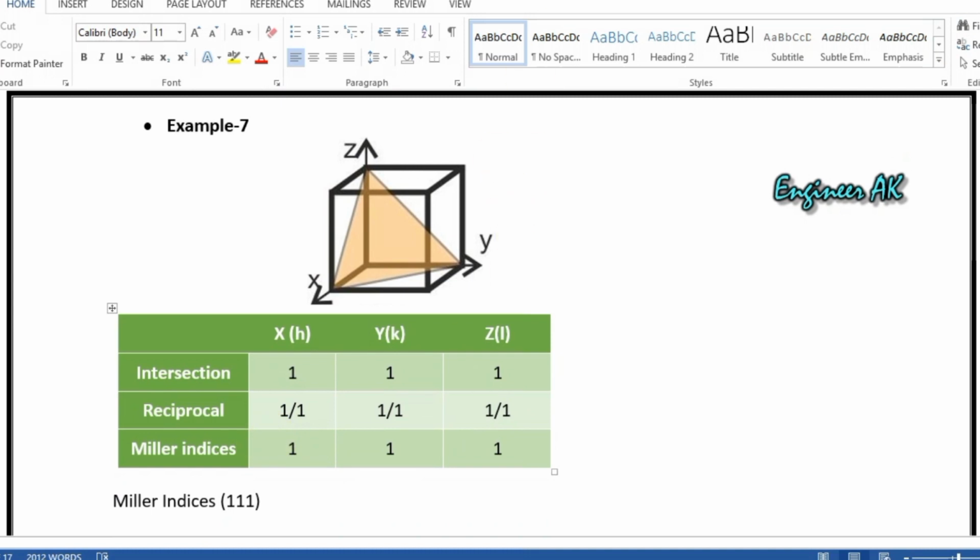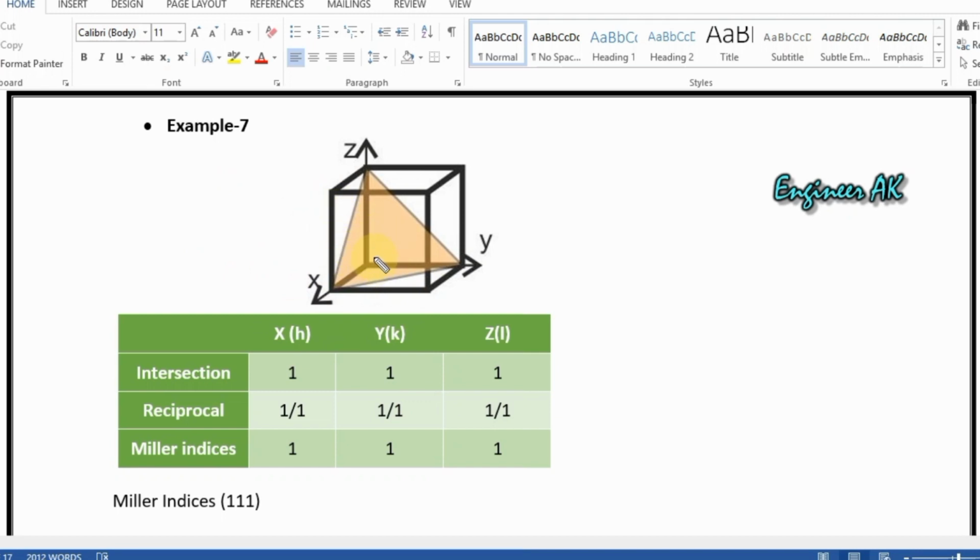Now taking example 7. I am taking as many examples because it is important. The more you practice it, the more you will get the idea and be able to find Miller indices of different planes.